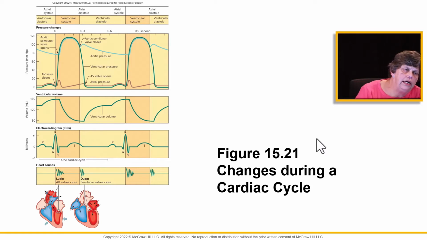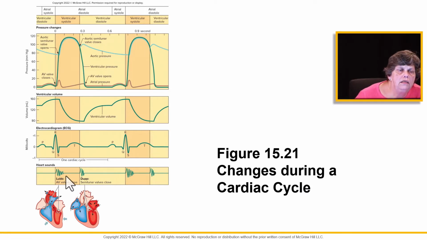And this is a nice little chart that looks at what's going on with the pressure, as the pressure rises, what valves are opening and closing. And you can see the pressure in the heart and what's going on in terms of the pressure in the aorta, the ventricular pressure, and with these valves opening and closing, and what the EKG looks like and what you're hearing in heart sounds.